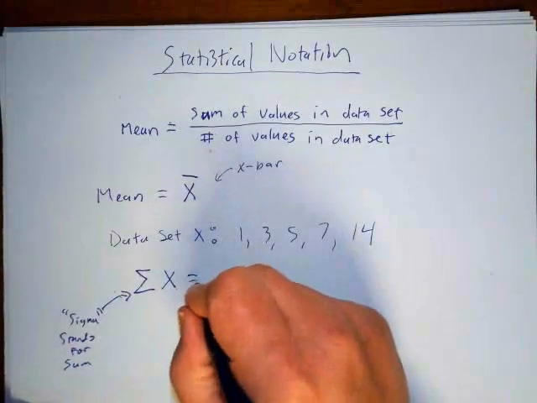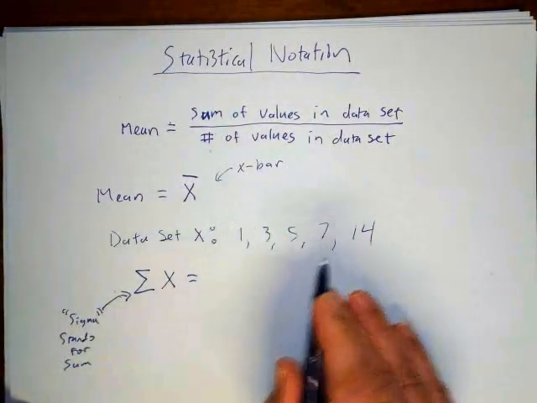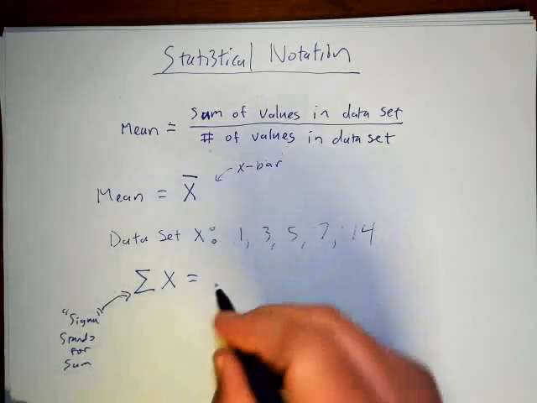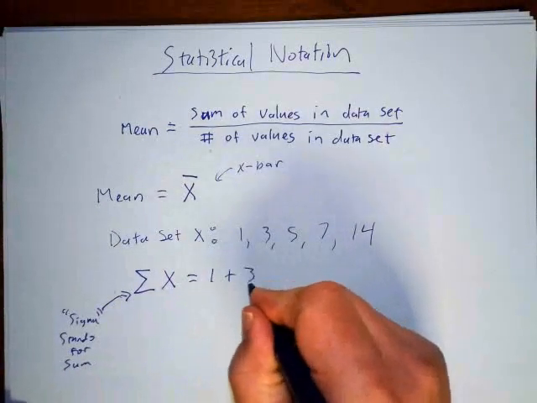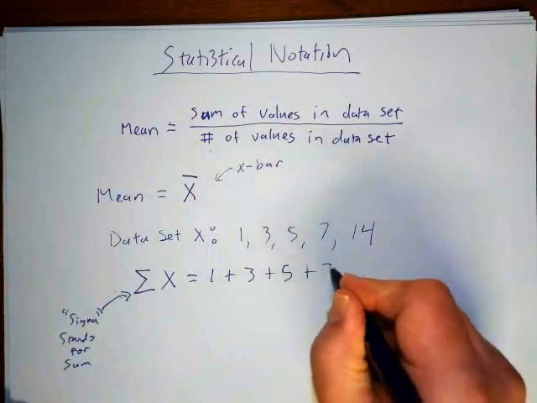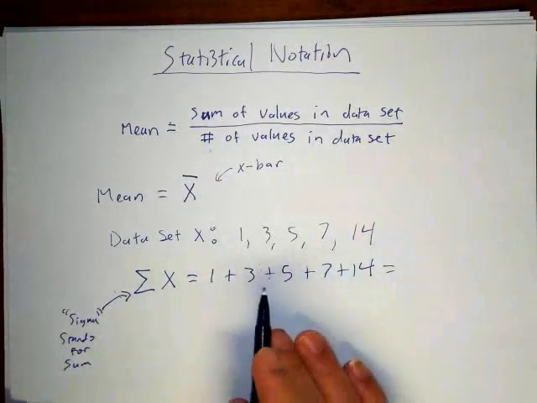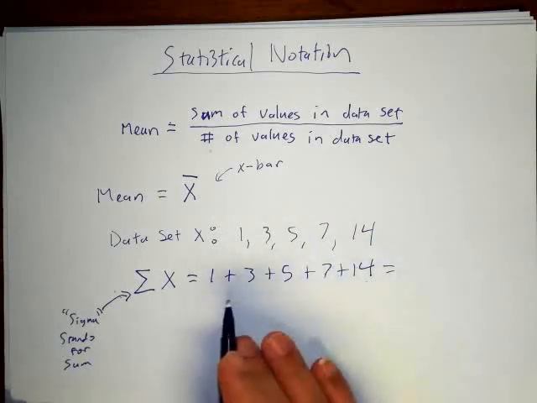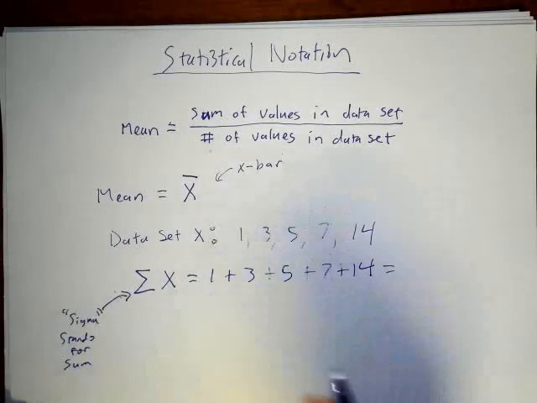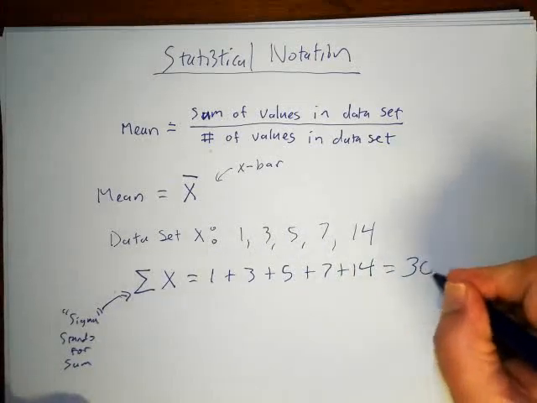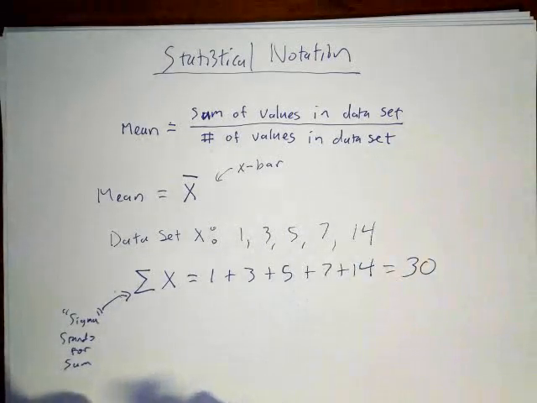What this is referring to is, if you have a data set and you take the sum of X, it means take 1 plus 3 plus 5 plus 7 plus 14. So it means just add up the values: 20, 30, and that's what we get there. So the sum of X would be 30.